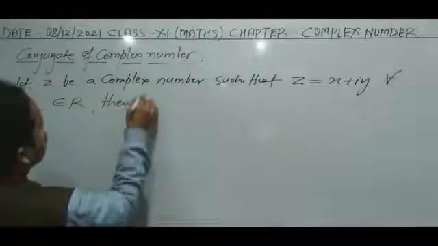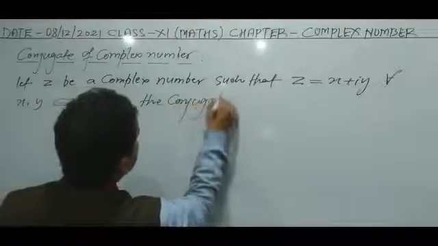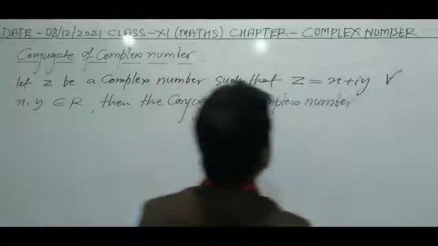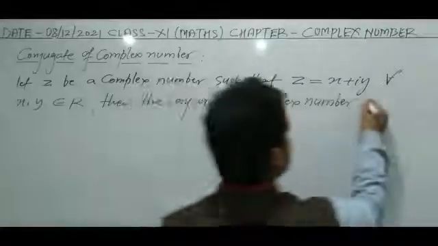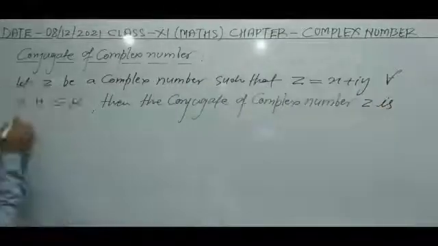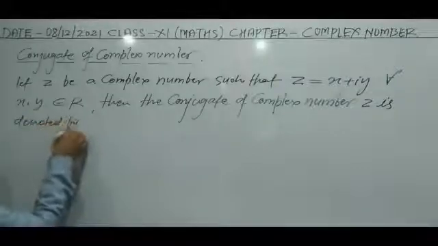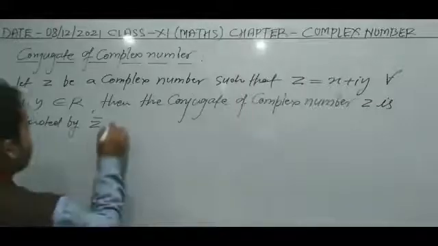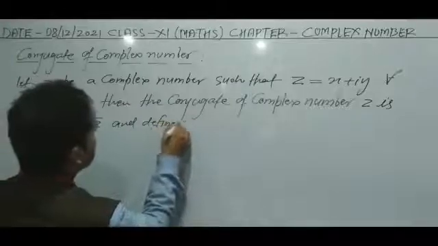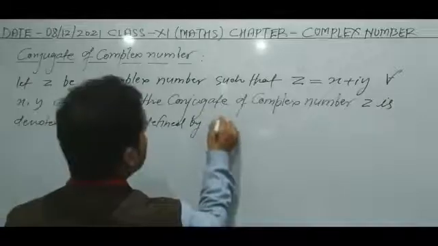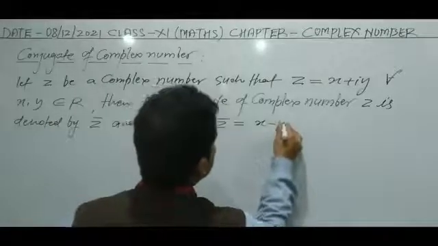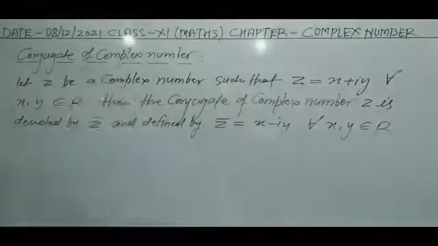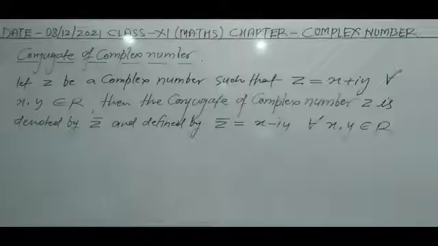Then the conjugate of complex number Z is denoted by Z bar and defined by Z bar is equal to x minus iy for all small x, y belongs to real. So this is the definition of conjugate number.